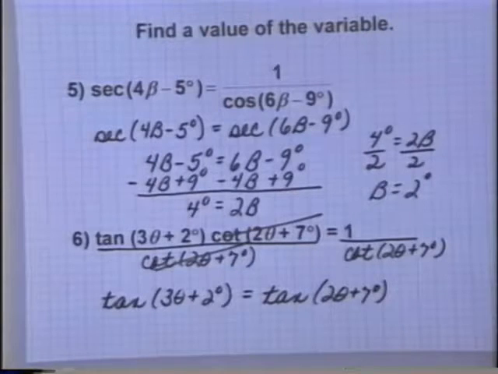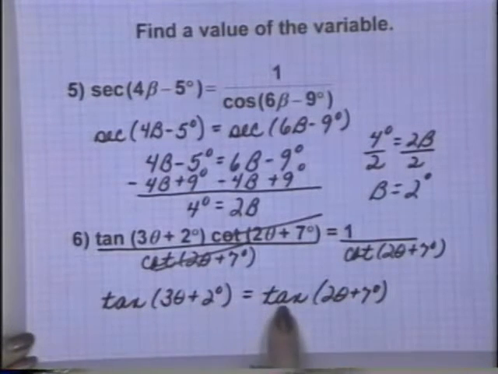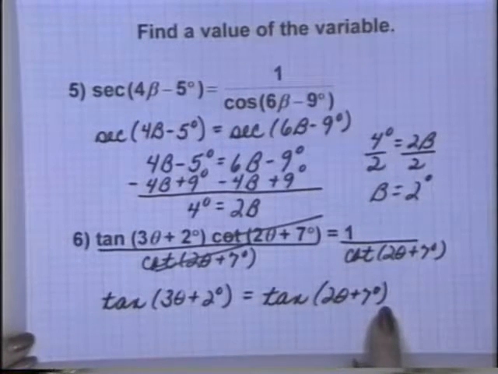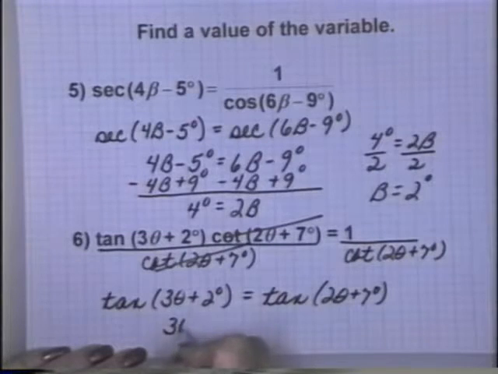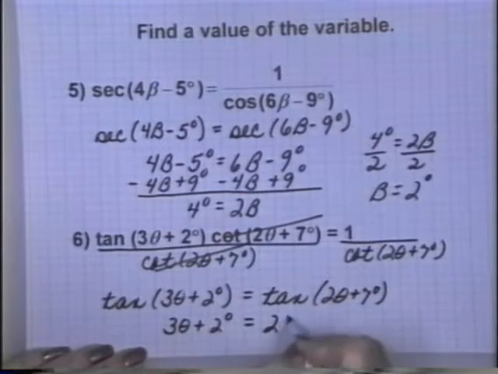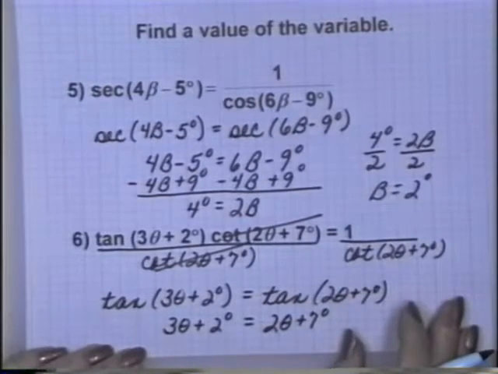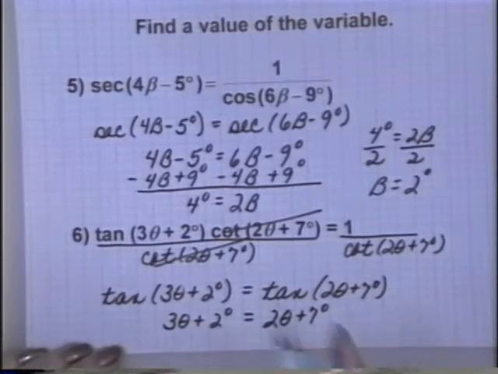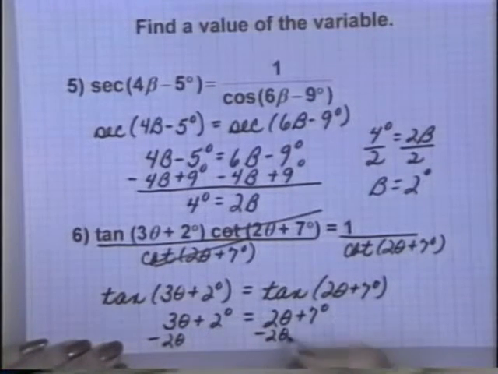And I know that if I have the tangent of 3 theta plus 2 degrees equals the tangent of 2 theta plus 7 degrees, for that to be possible, I know that 3 theta plus 2 degrees can equal 2 theta plus 7 degrees. So solving this equation, I'll subtract 2 theta from both sides.